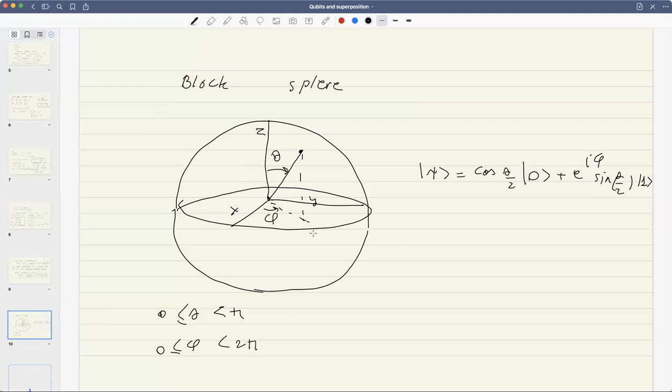So for example, if theta is 0, then psi is just 0, right? Sine of 0 is 0, so it kills that one. And if theta is, let's say, pi, then cosine of pi over 2 is going to be 0, and we're going to get sine of pi over 2, that's 1. And then this e to the i phi in that case just becomes an overall phase factor.